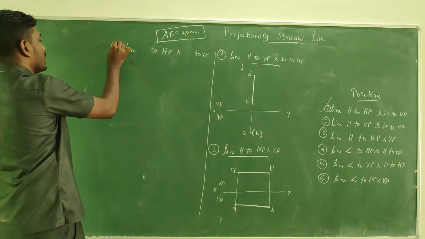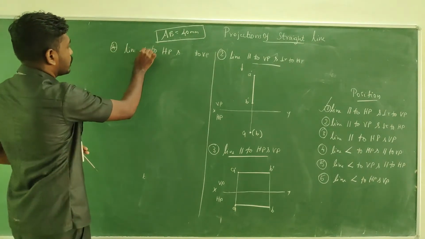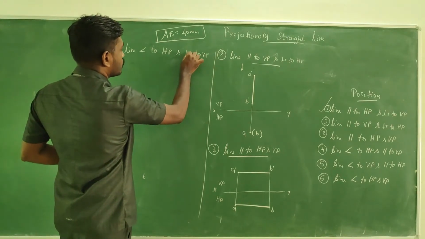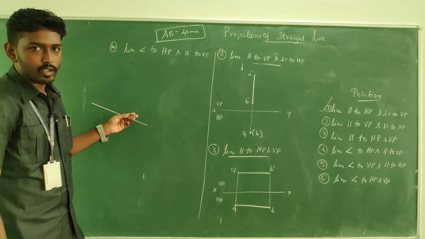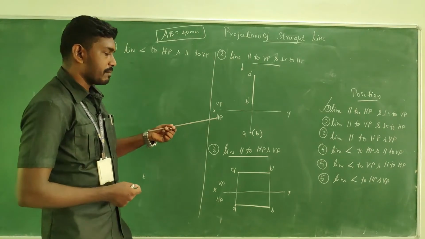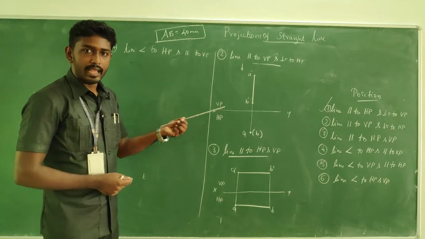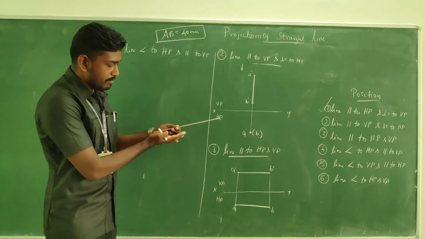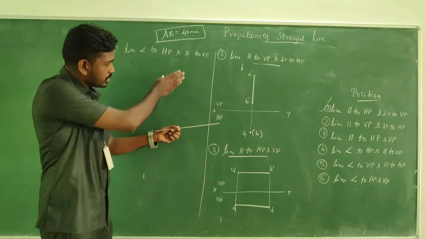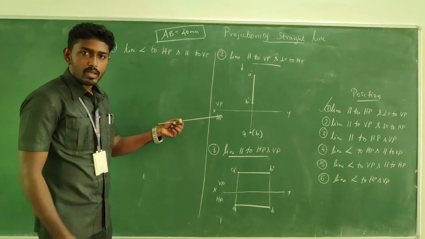The fourth position is line inclined to HP and parallel to VP. Okay, this is the position. How do we have to place the object in this space? The same, this is a horizontal plane, this is the vertical plane, which is a board.